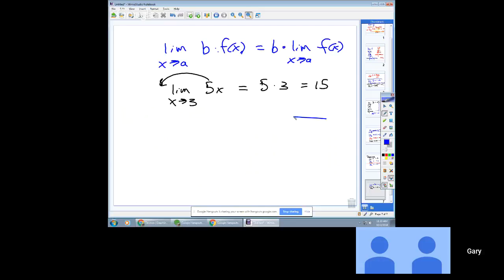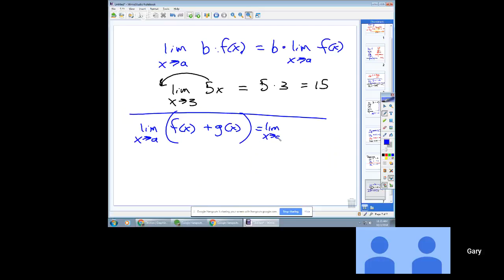Other important limit properties is that if you have multiple functions going on, so if you have the limit as x approaches a of f of x plus g of x, I'm going to put parentheses around those, meaning I'm finding the limit of the sum. Turns out that's the same thing as the limit as x goes to a of f of x plus the limit as x goes to a of g of x. Sort of.